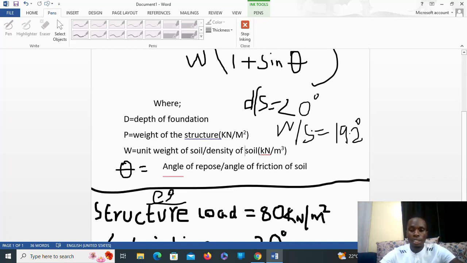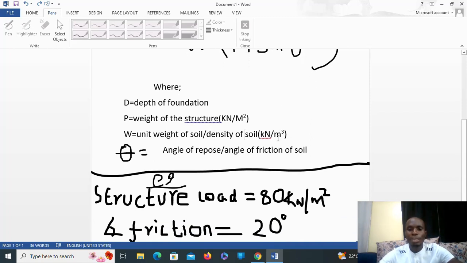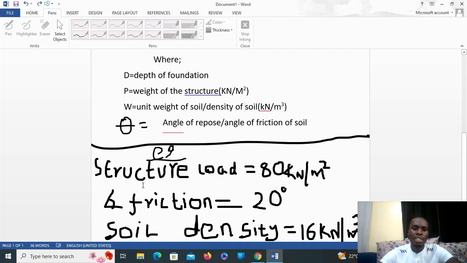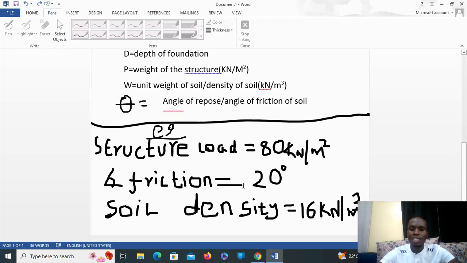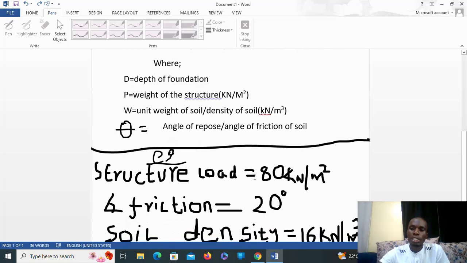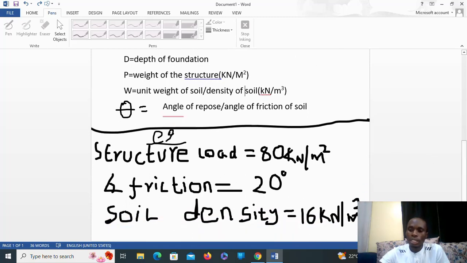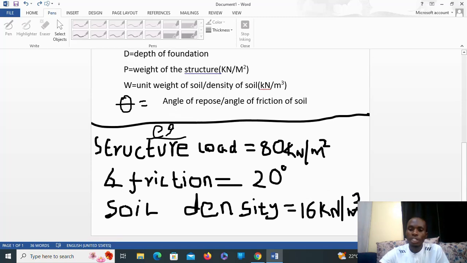Let's go back to our case here. We have been given an example that you're supposed to work out, and the example is that the structure load of that particular structure is 80 kilonewton per square meter. You have the angle of friction given as 20 degrees, and the soil density given as 16 kilonewton per cubic meter, and you're supposed to find the depth of the foundation.